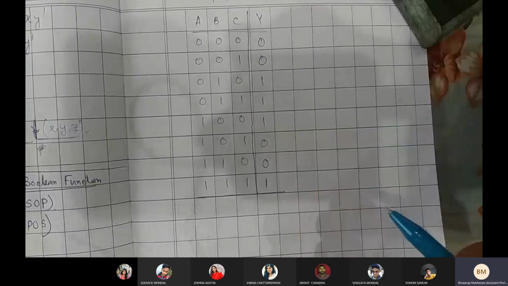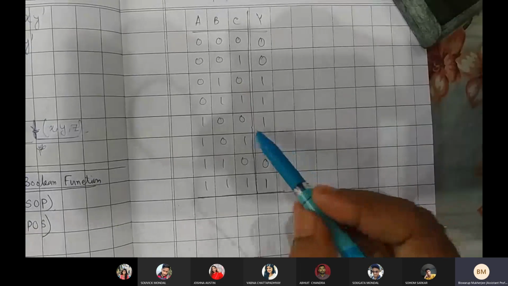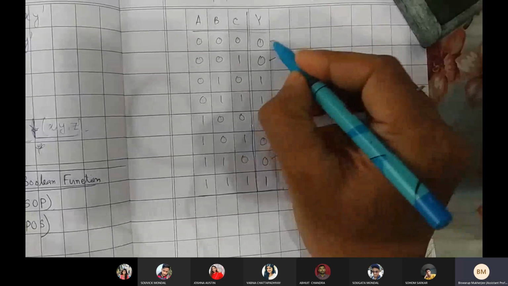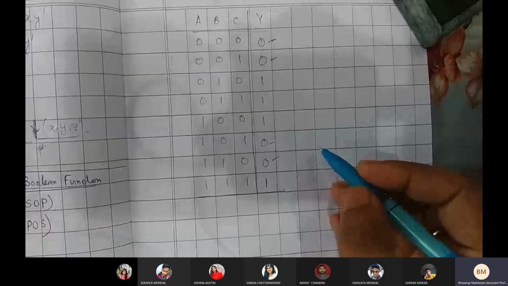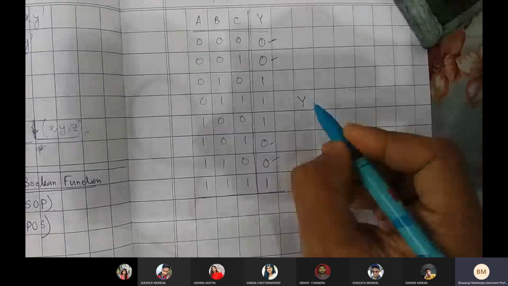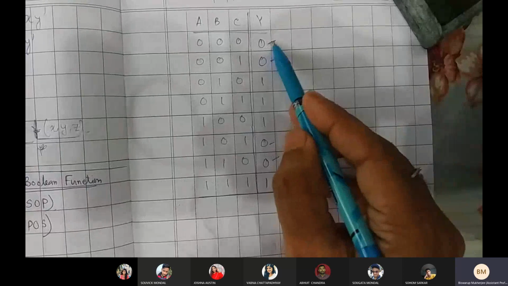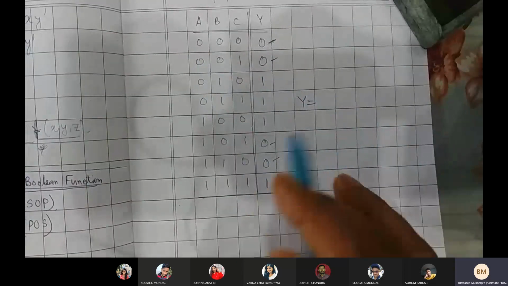Now what if we consider the 0? If we consider the 0, you can also consider 0 at the output. So there are 4 zeros. Okay, so that time you need to write down the expression like this, taking the 0, first 0, make sure 0 is the complement of 1.